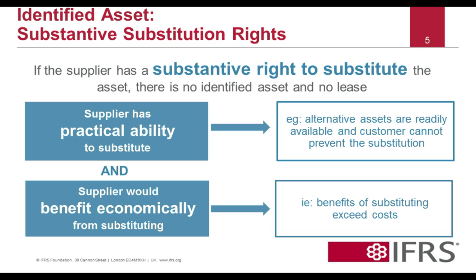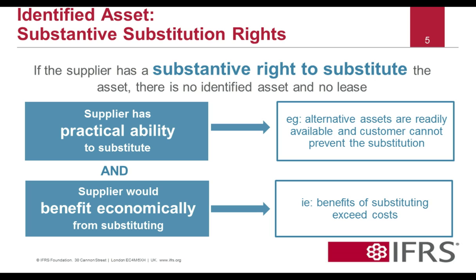One example of a substantive substitution right that is discussed in the illustrative examples is where a supplier has contracted with a customer for the transport of a specified quantity of goods using a particular type of rail car. The supplier has a pool of rail cars and can use any one of those cars to transport the goods. So even though the contract period starts out with 10 cars being used initially, the supplier could change those cars whenever it wants to.